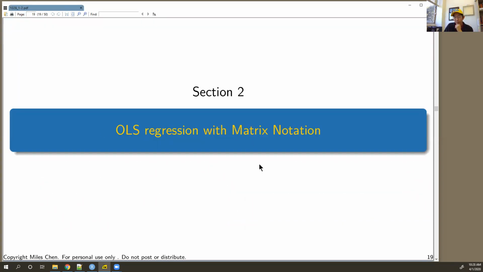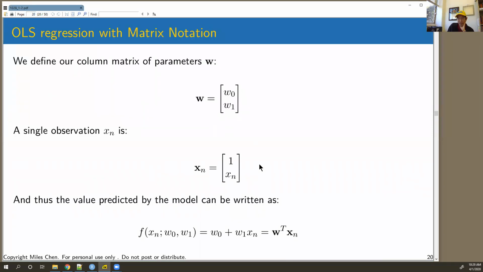OLS regression with matrix notation. This is what we're going to look at here, okay? Rather than having the intercept and the slope parameters, w0 and w1, separately, we're going to gather them together in this one 2x1 matrix W. Or we can call this a vector W or matrix W, okay? And one observation, okay?